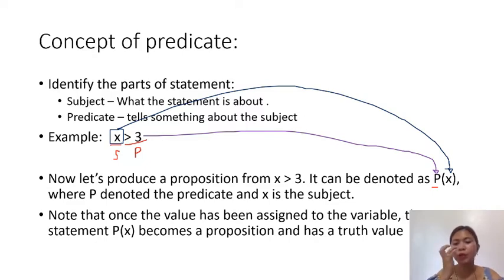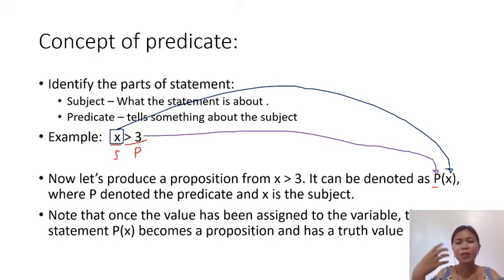But it is important to note that you can actually use any letter for the predicate. You can use Q, S, T, U, V. But the letter or proposition that you use has to be related to the statement. Here, it's okay to use P since the statement is more of a mathematical equation.